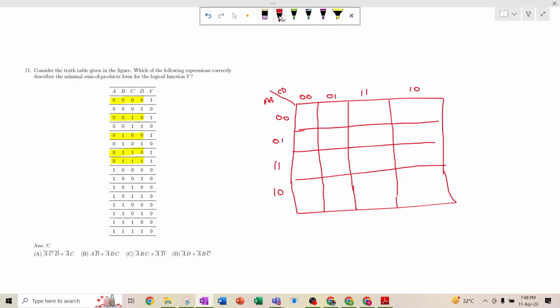So if we put 1 for 0 0 0 0, that means this one. 0 0 1 0, this is 1, 0 1 0 0, 0 1 1 0, this is also 1, and 0 1 1 1, this is also 1, and the rest of the things are 0.